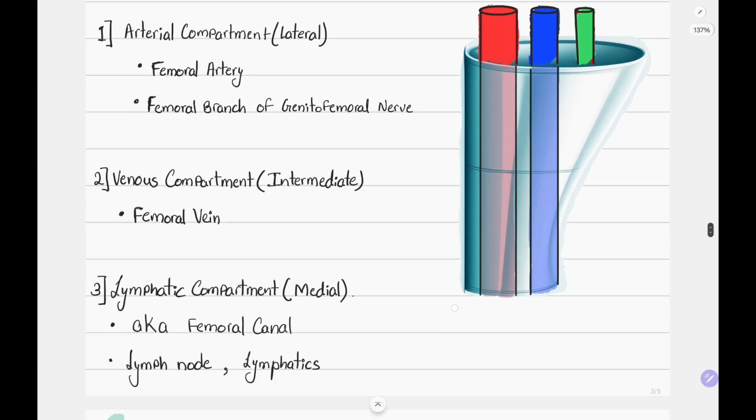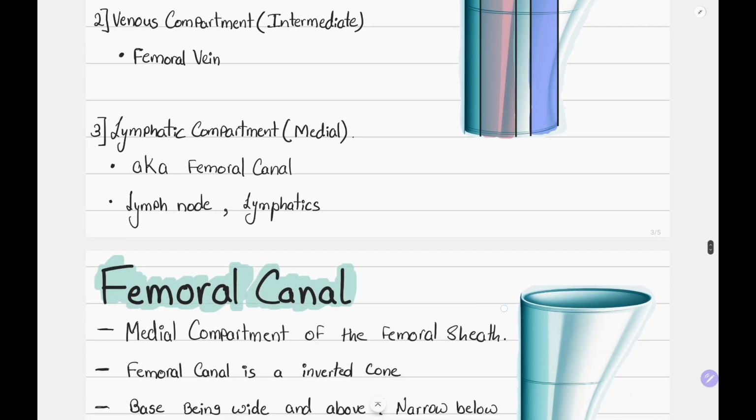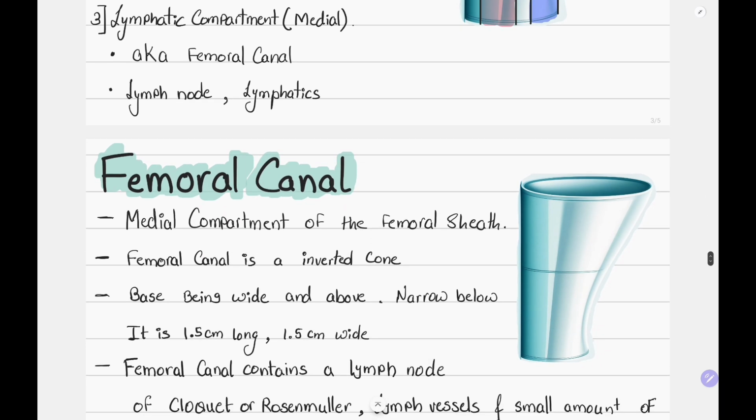So now basically coming to the femoral canal. This is the medial most compartment of the femoral sheath. So if these two compartments were dedicated to artery and vein, this third compartment, the medial most compartment, is our femoral canal. The femoral canal is an inverted cone, as I've already told you.